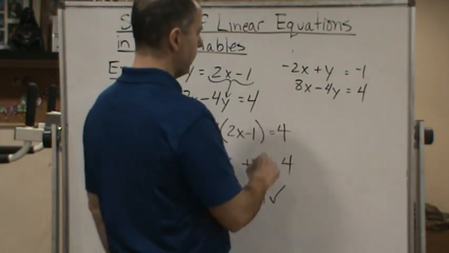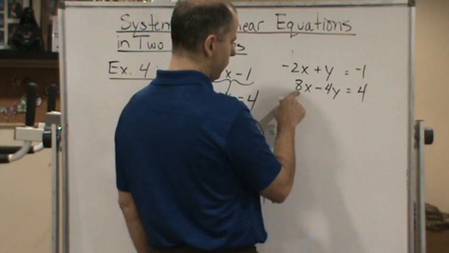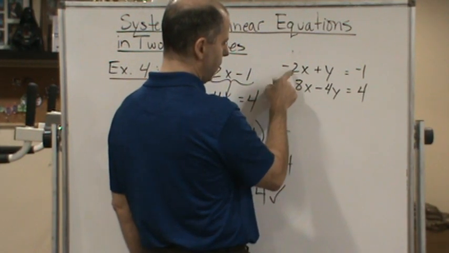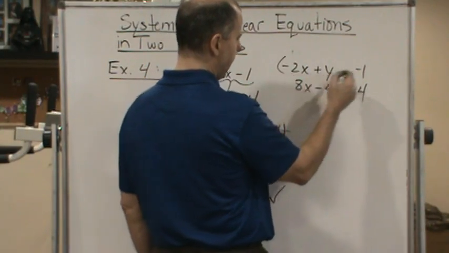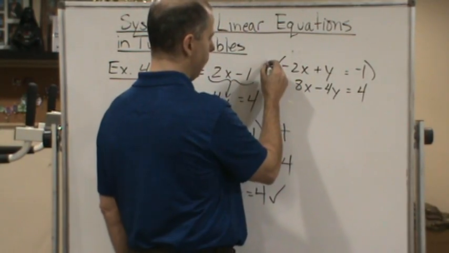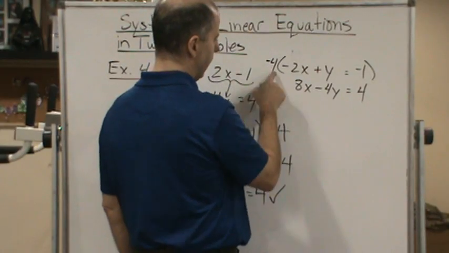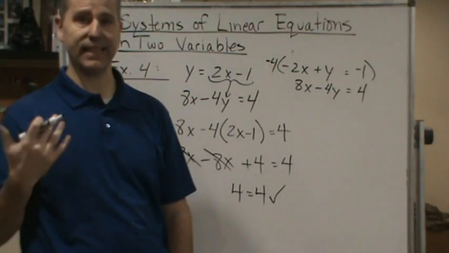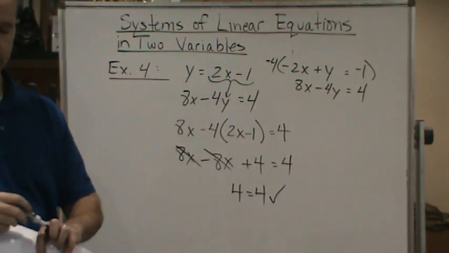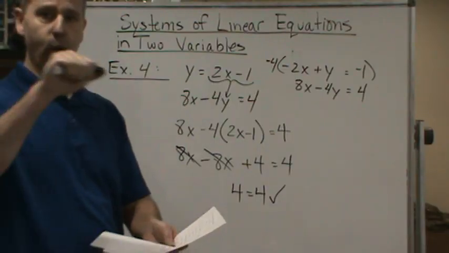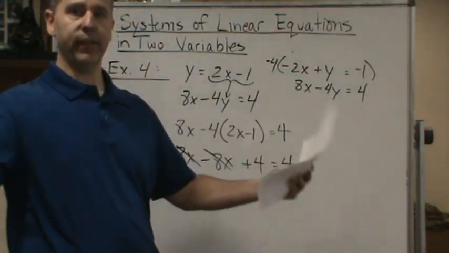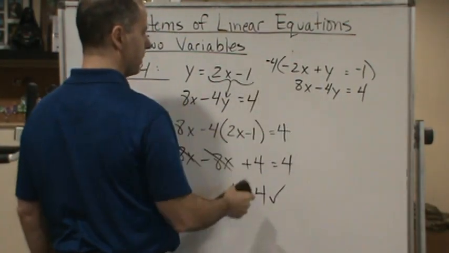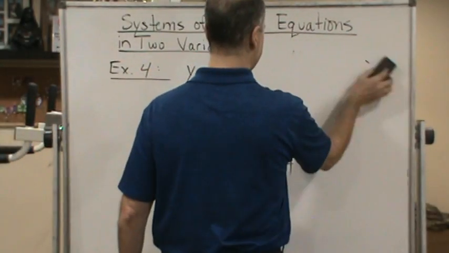Notice that this equation is just a multiple of this equation, because if I multiply this by negative 4, I get this equation. So those two represent the same equation. They're two lines right on top of each other, so they have infinitely many solutions. These equations are dependent. They're basically representing the same line.